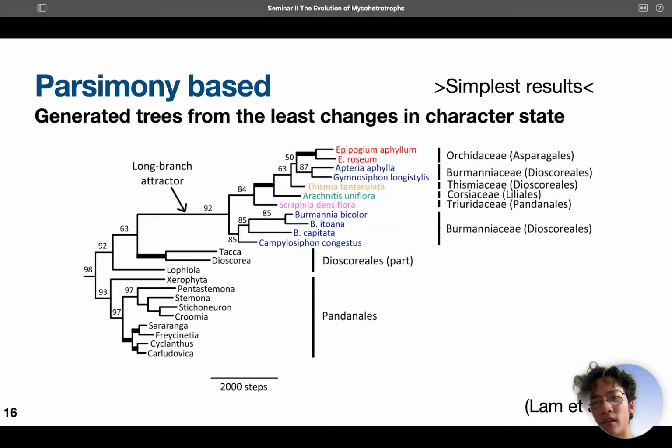And when a lot of taxa are very different but similarly different, it tends to group those long branches together. So they call this long branch attraction. When you look back at another tree in another study, this group is in the wrong position. So the result wasn't congruent with other studies.